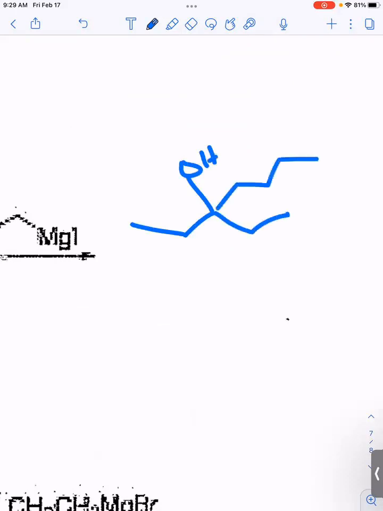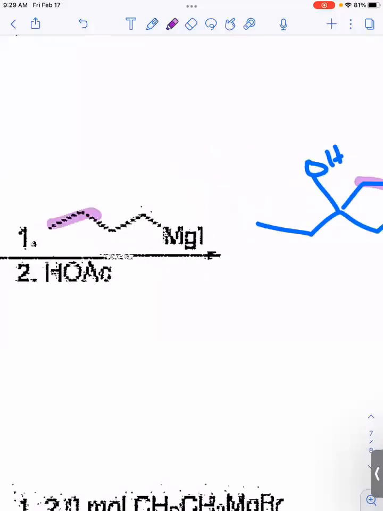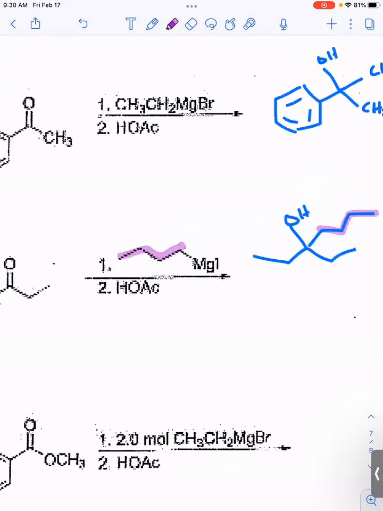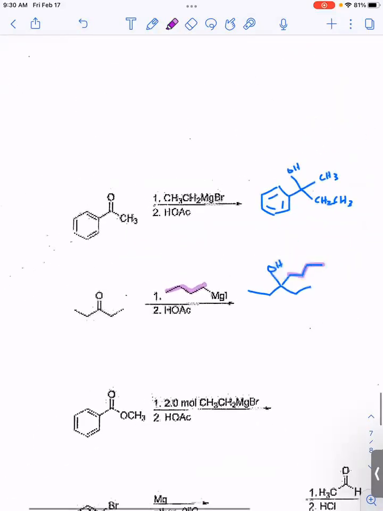Yes. And this was the product where we added in this 4-carbon chain right here. I actually couldn't export the notes from class, so I just rewrote them because I haven't figured out yet how to export those pictures. I'll figure it out though. So hopefully you saw that.